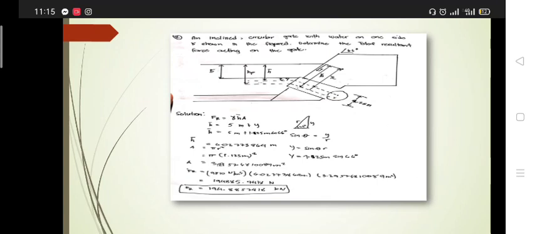Then to convert it to kilonewton, divide by 1,000. The final answer is 194.8857418 kilonewton.